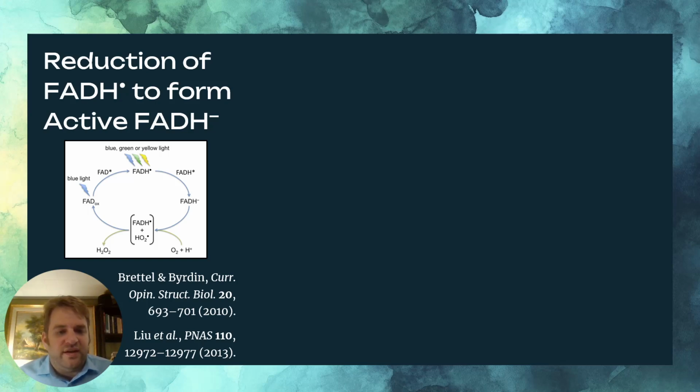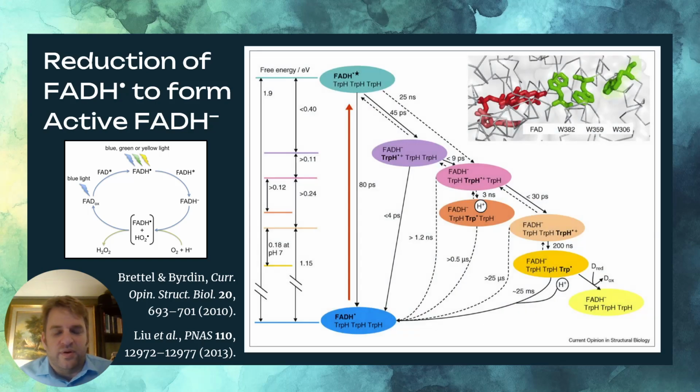And so if we want to understand this process a little bit better, wheels within wheels, we can look just at that single step where the blue, green, or yellow light is absorbed by the FADH radical and the FADH minus fully reduced state is formed. And we see that this has its own cycle within a cycle. If you look to the bottom of this diagram, you can see the FADH radical indicated with the tryptophan chain. That is the hallmark electron transfer chain of cryptochrome and photolyase systems.